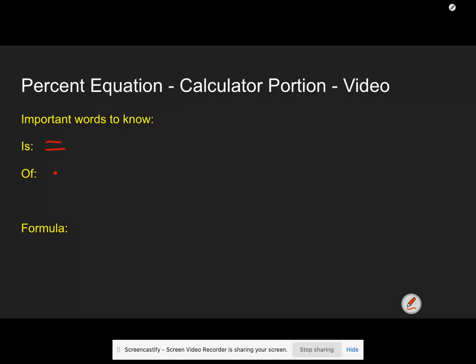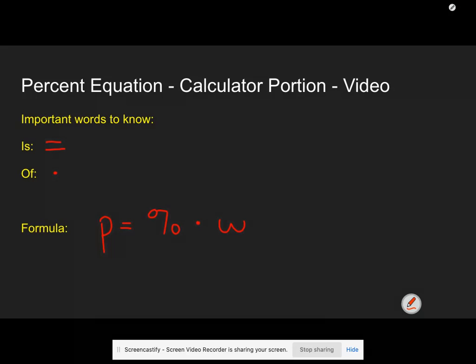And so the formula we're going to use is part equals the percent times the whole. And that's the way you're going to set all of them up. You're going to want to pick out the information, put it in that spot, and then go ahead and solve.